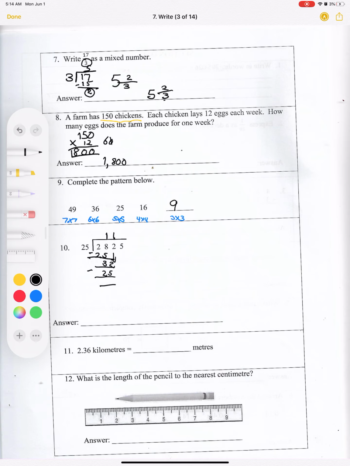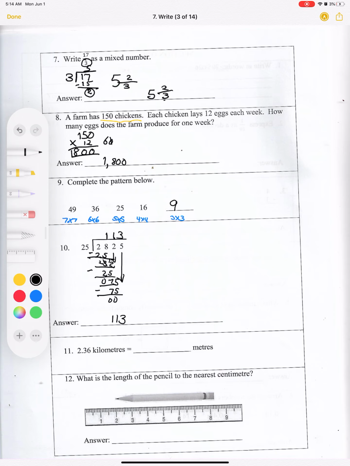Take away, 32 take away 25, 7. Bring down the 5. 25 into 75, 3. 3 25s are 75. 75 take away 75, 0. 113.